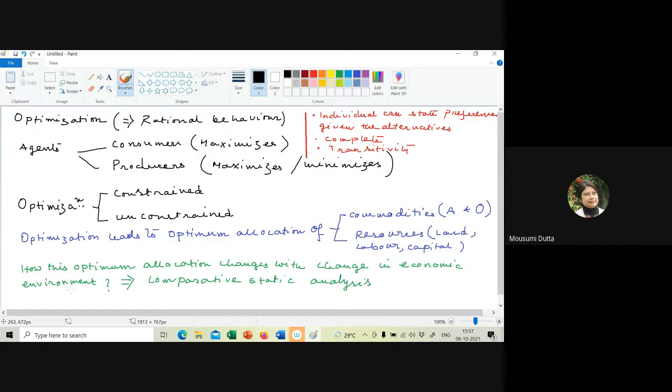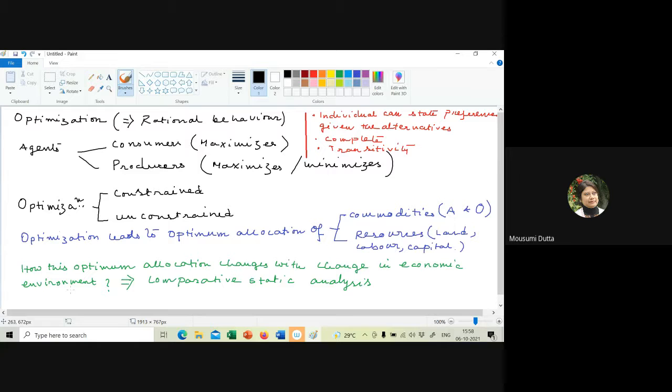So in a steady state, or given the ceteris paribus, given other things constant, what will be the behavior of the agents, that we will learn. And if the shock comes, what may be the behavior of these agents, that we will also learn.